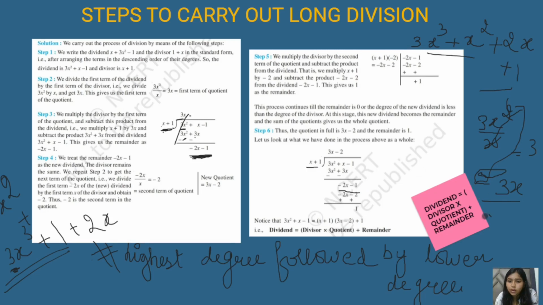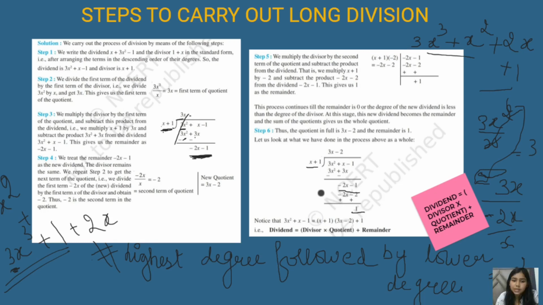Again we'll divide minus 2x by x and get minus 2, so let's put minus 2 in the quotient. Then we'll multiply this subsequent term with this quotient term and get minus 2x minus 2, and when we solve it, we get 1 as the remainder.